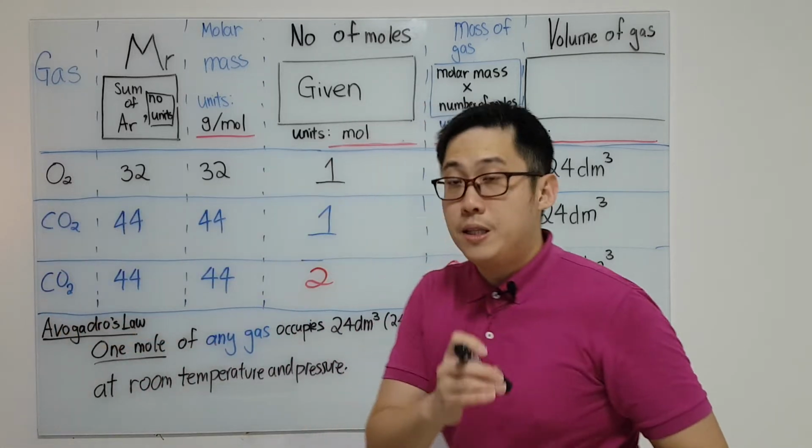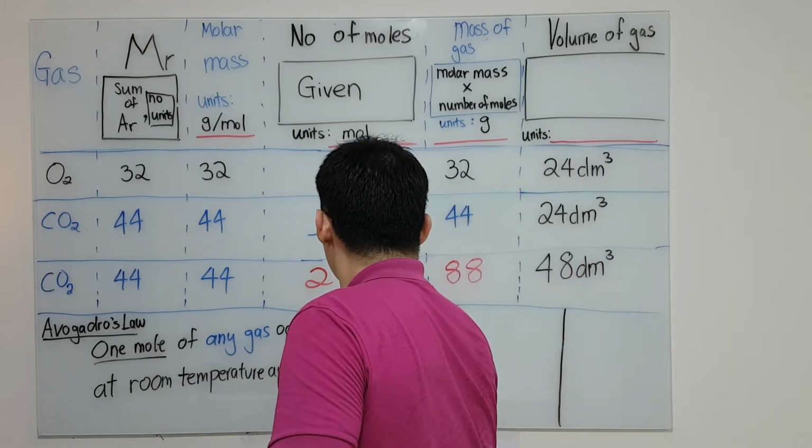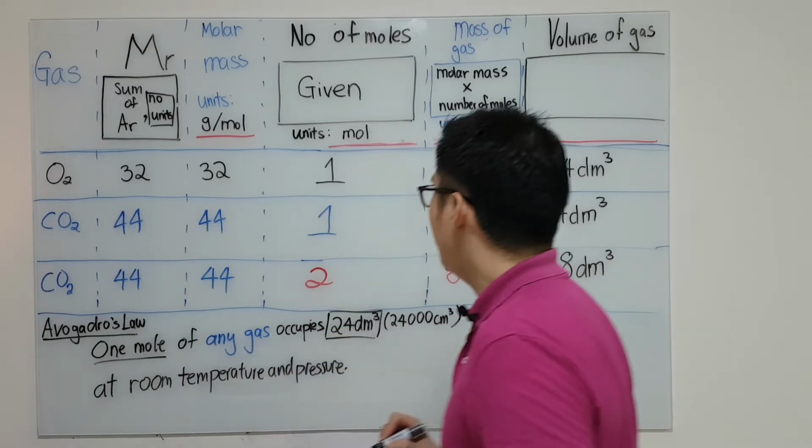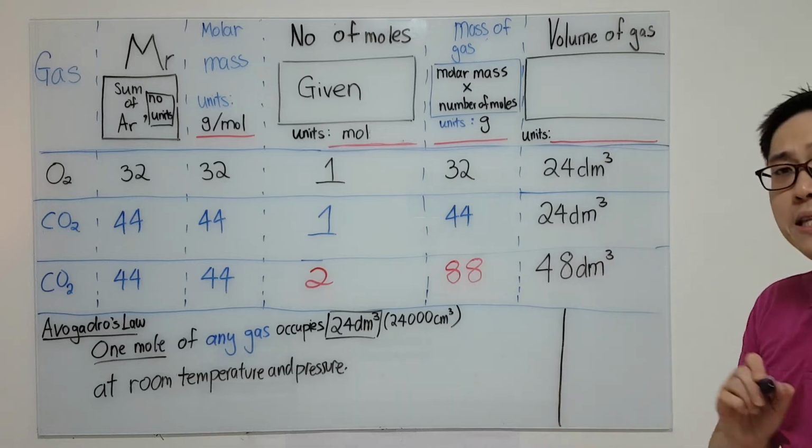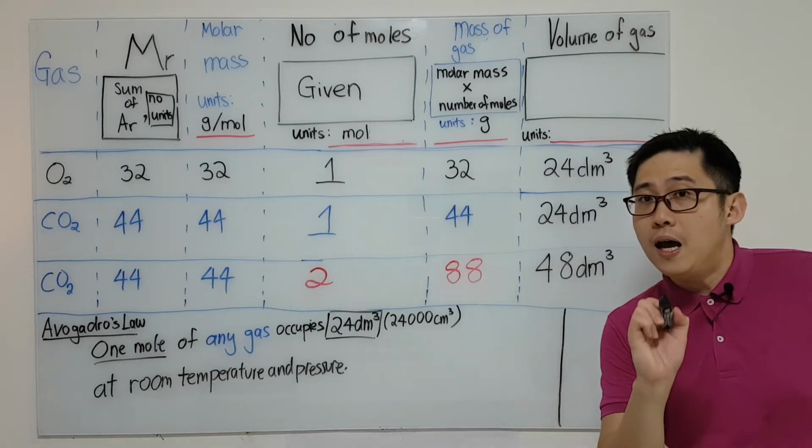Now, students, this quantity, this 24 dm³, has a name. It is called molar volume.